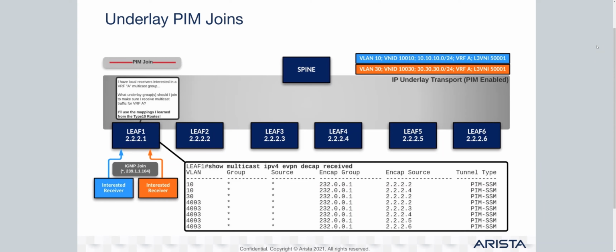If, for example, leaf 4 has a locally attached sender in VRF-A, it's going to take that sender's multicast feed and VXLAN encapsulate it. In the outer IP header, when it sends it out into the EVPN domain, into the underlay, it's going to have a source address of its VTEP IP and a destination address of whatever underlay multicast group was mapped to that VRF.